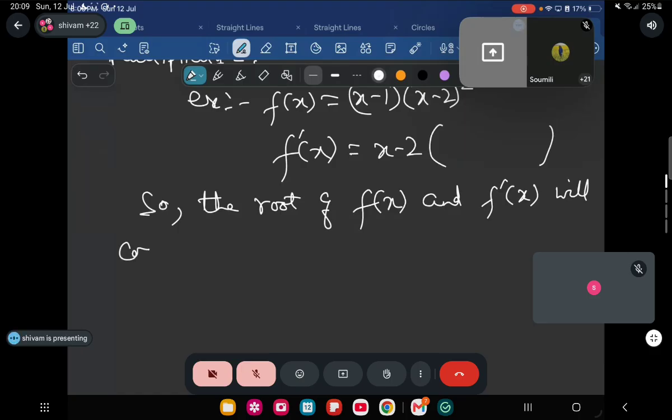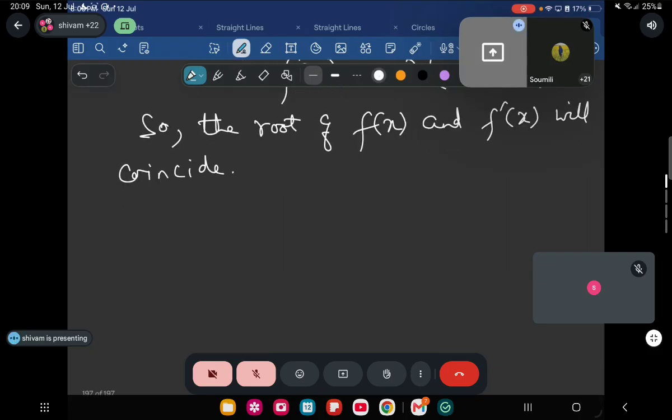Anyone having any doubt, you can ask me. You can use this to get the root. This is the condition.